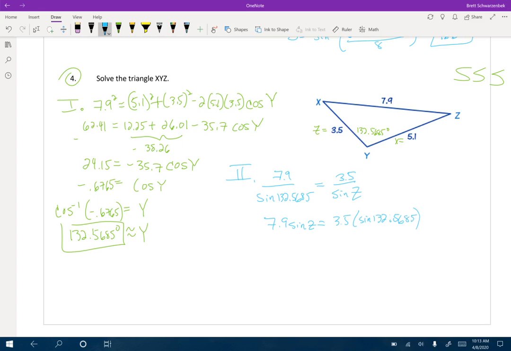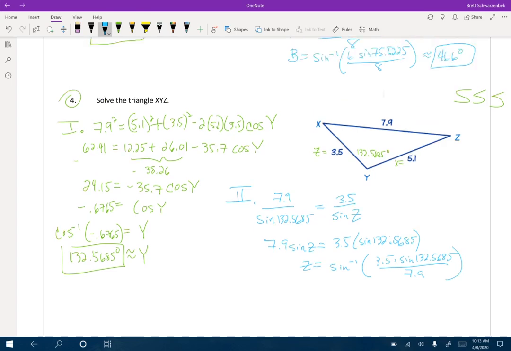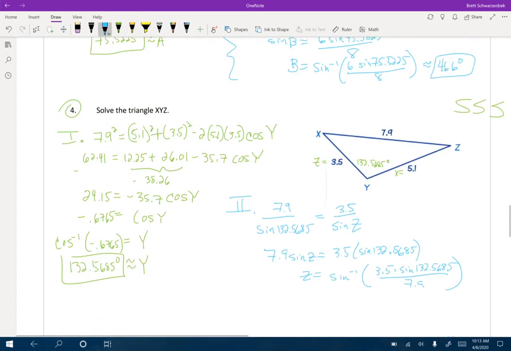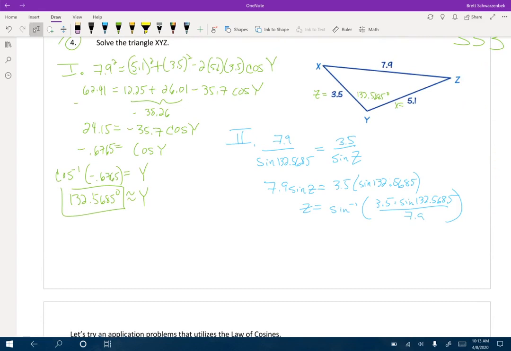So if you do a little work here and do a little shortcut, if you divide 7.9 over on the right and then do the sine inverse, we're going to get Z equals the sine inverse of 3.5 times the sine of 132.5685 over 7.9. Okay, so I just did a little bit of a skip step there since this process can be very intensive, so I just skipped a little bit of there. But you get Z is approximately 19.0 degrees.